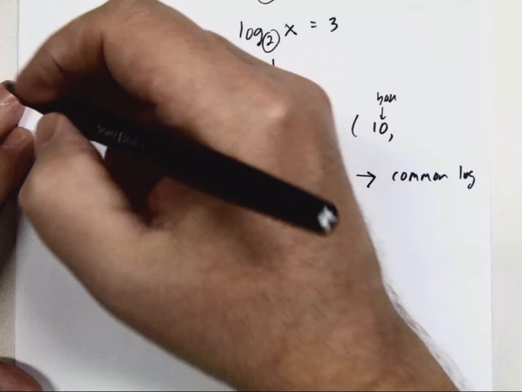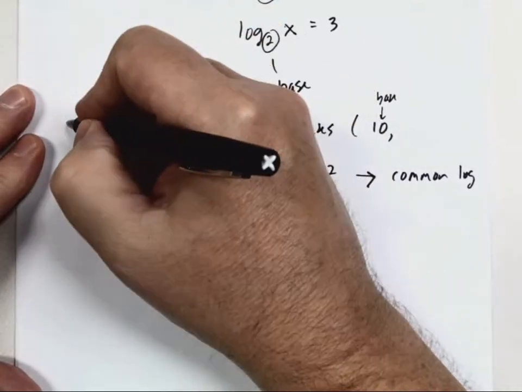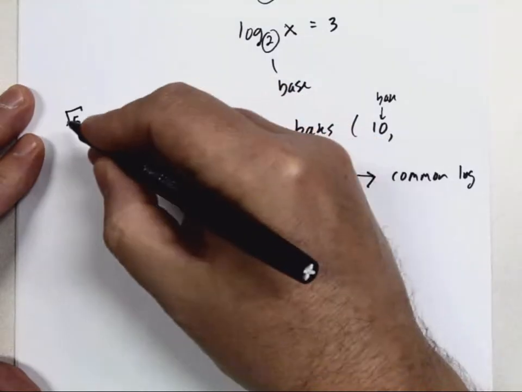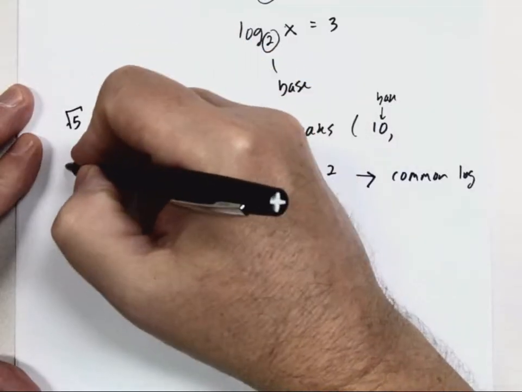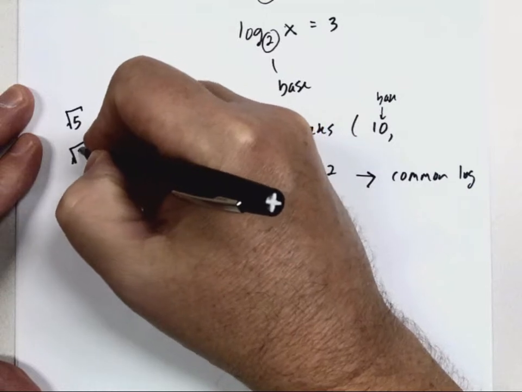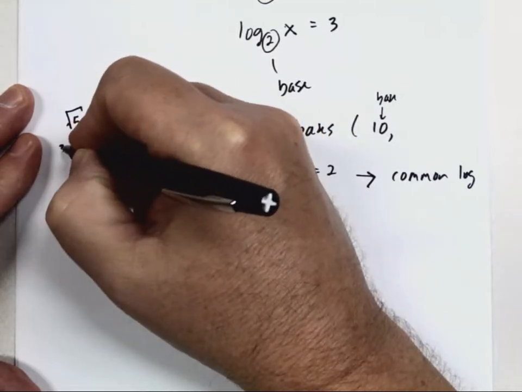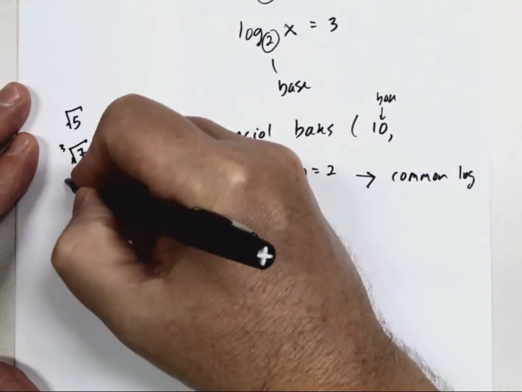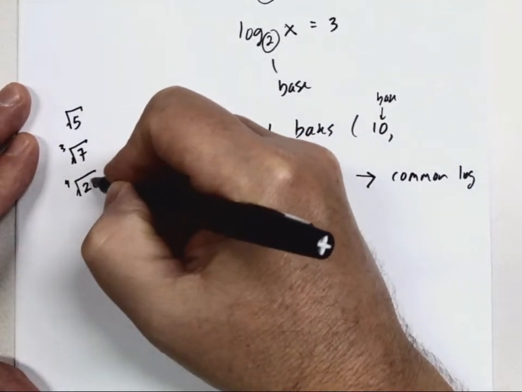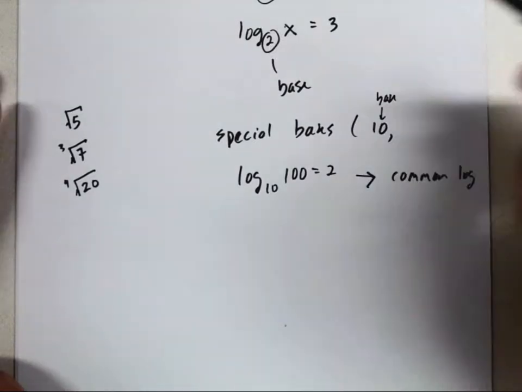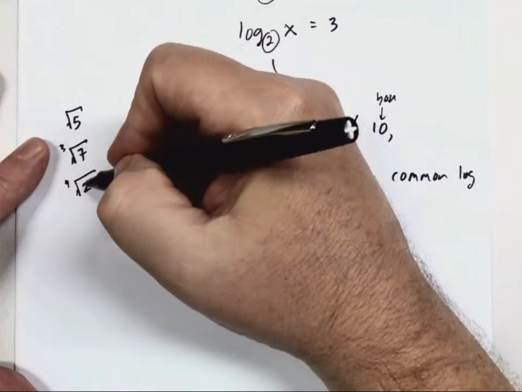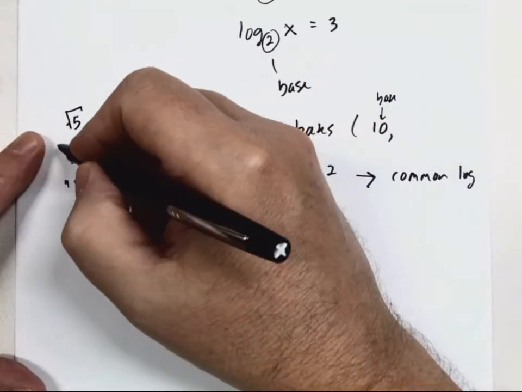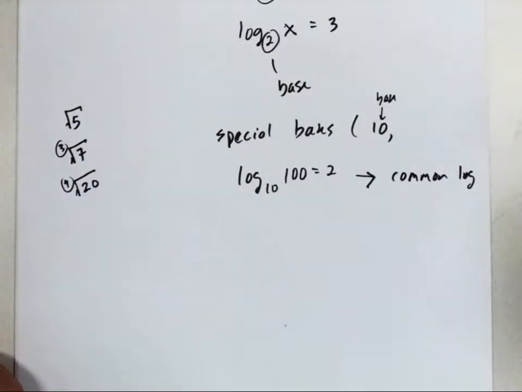It's sort of like when you learned algebra. What is this? Square root of 5, cube root of 7, fourth root of 20. So these are examples of radicals. And the root or the index is always this number right here.